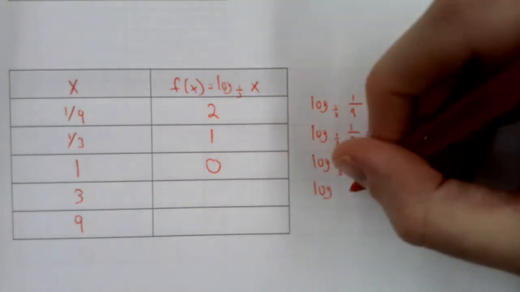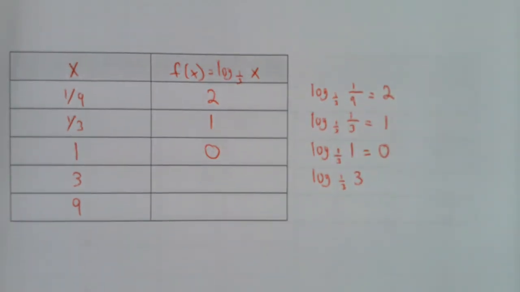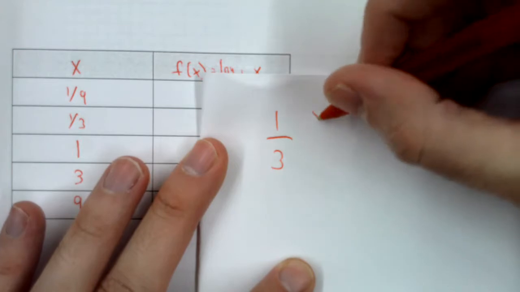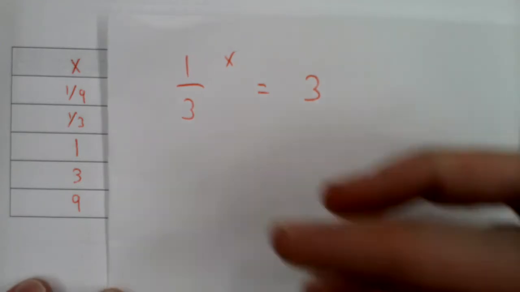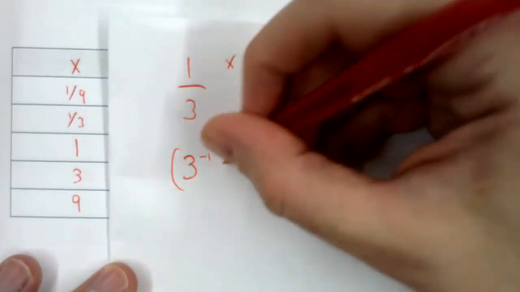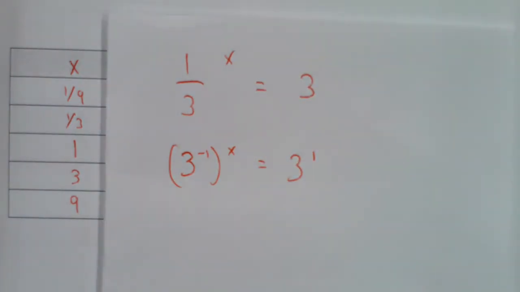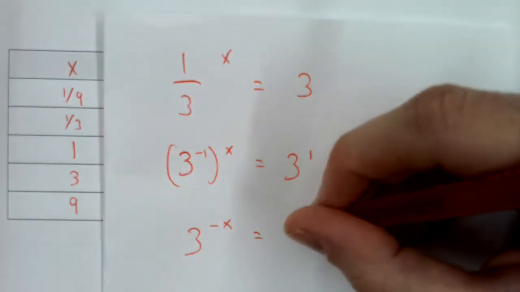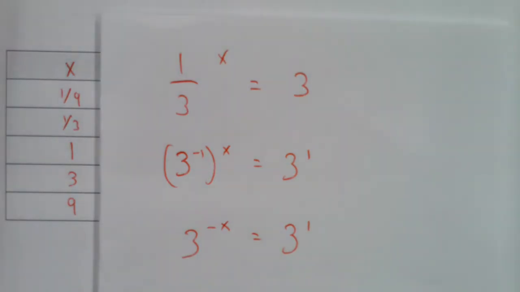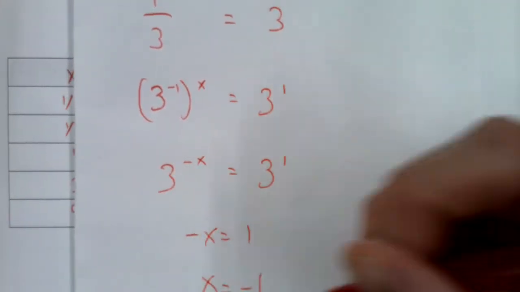How about log base 1/3 of 3? So that's saying 1/3 to what power equals 3? If you think about it, this is 3 to the -1 power. So 3 to the -x equals 3 to the first. So -x equals 1. x equals -1.